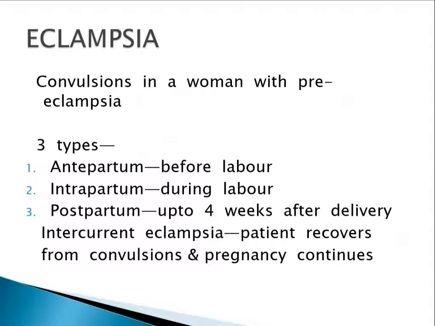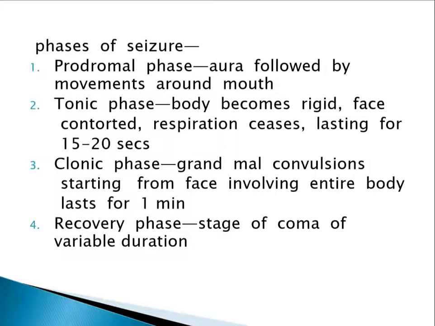Intercurrent eclampsia, where the patient develops convulsions, recovers, and then the pregnancy continues, is nowadays very rare. It is a high risk, because there is always a danger of the patient developing convulsions again. So now there is no role for intercurrent eclampsia. Once eclampsia occurs, in 99.9% we terminate the pregnancy.